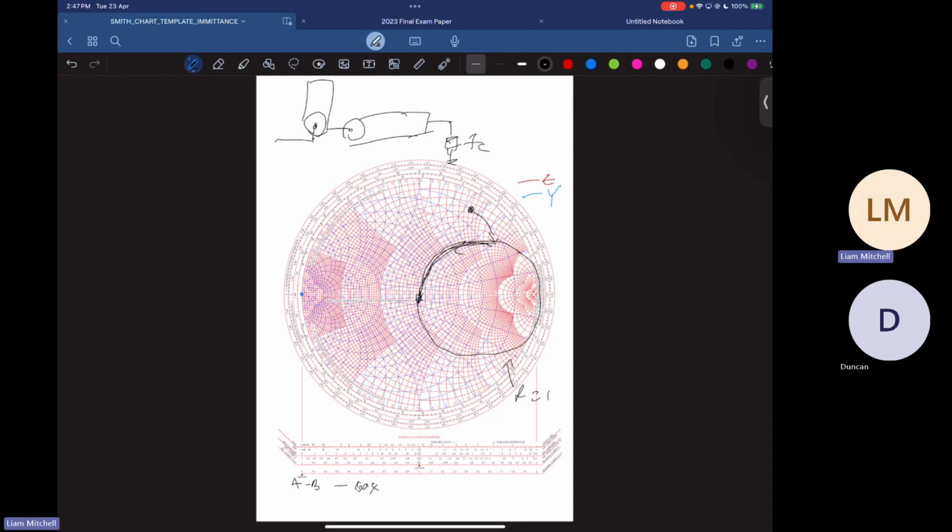The G equals 1. But I matched the circle with R equals 1.